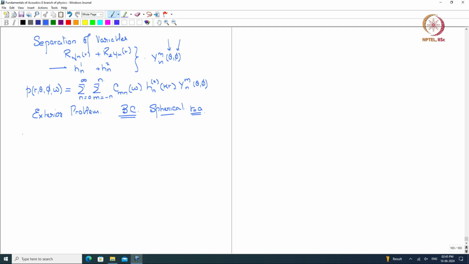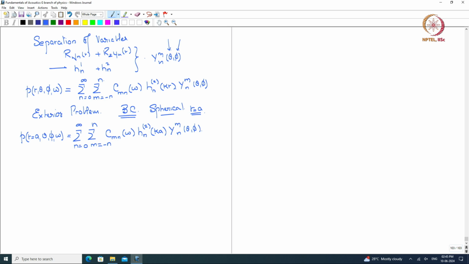So at r equal to a, p at r equal to a comma theta comma phi comma omega will be given by the sum over n equal to 0 to infinity, m equal to minus n to n, Cmn of omega, the Hankel function at Ka, Ymn theta comma phi.